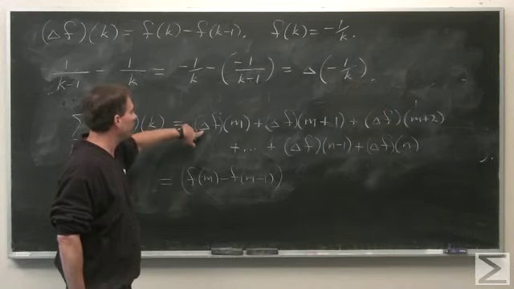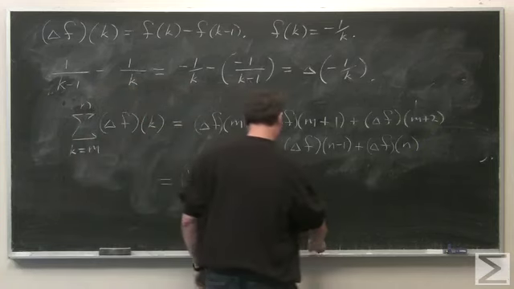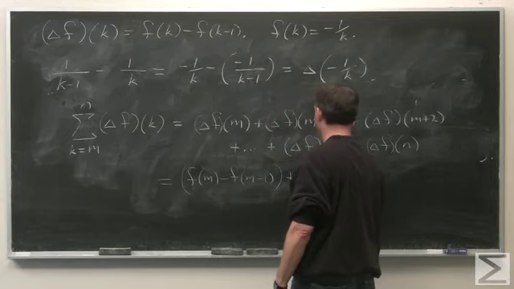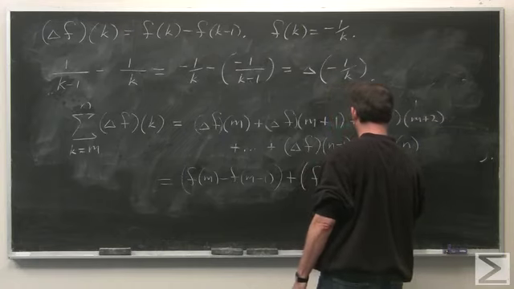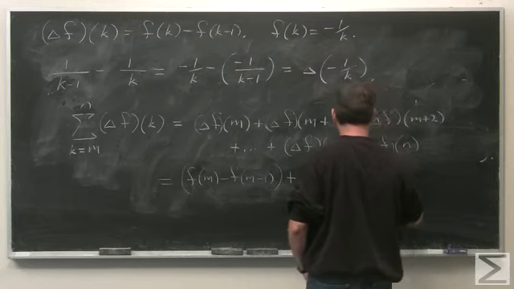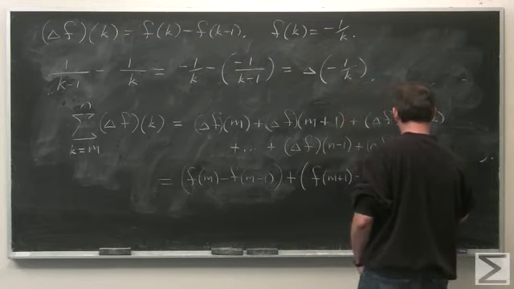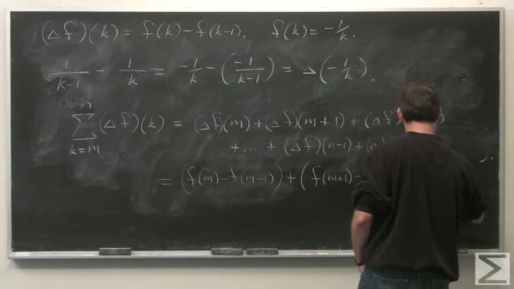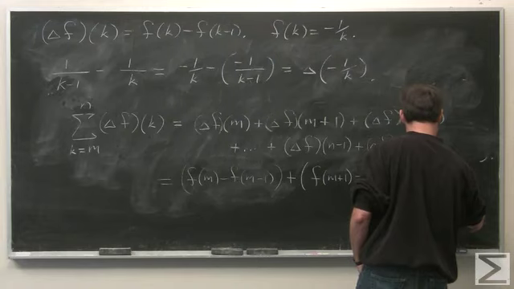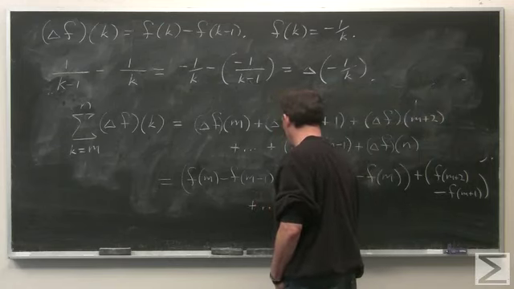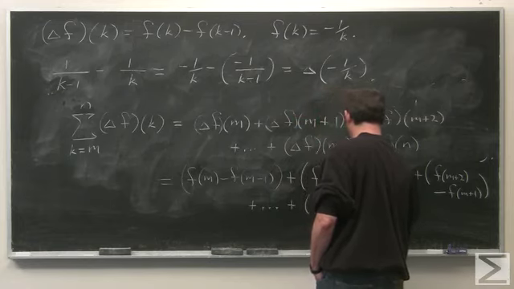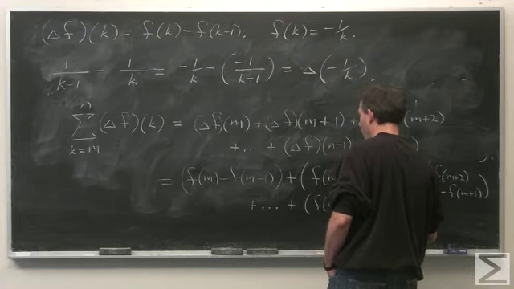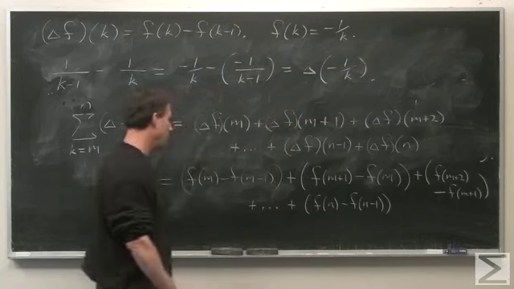What do you get? Delta f of m is f of m minus f of m minus 1, plus, I'm doing the general case now, f of m plus 1 minus f of m, and then plus f of m plus 2 minus f of m plus 1, and it goes out to f of n minus f of n minus 1. What happens is you get cancellation in pairs.